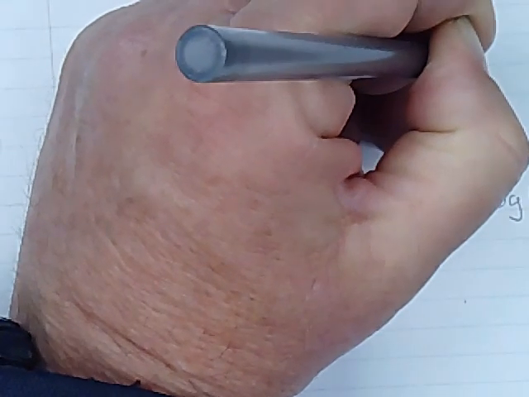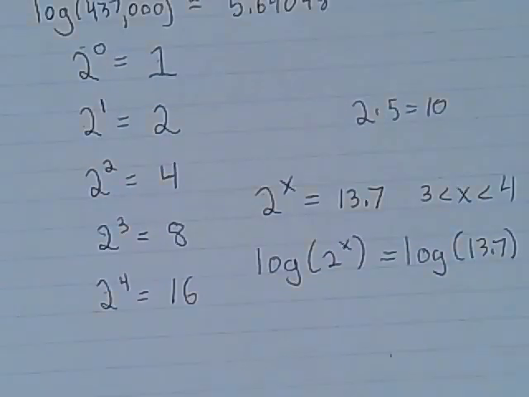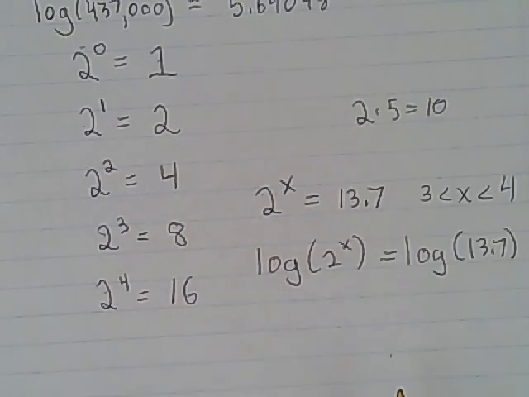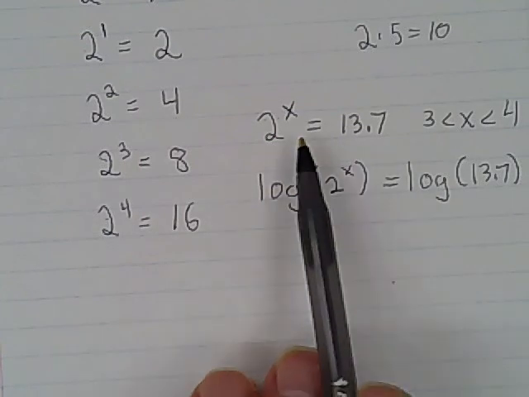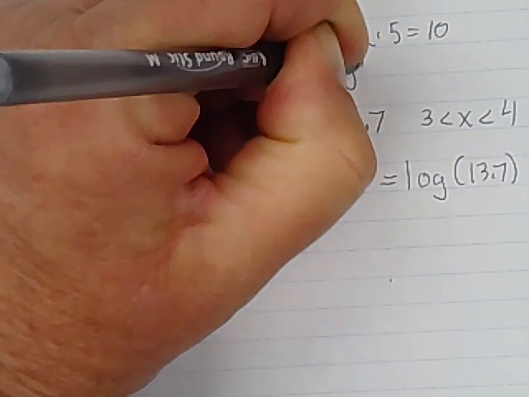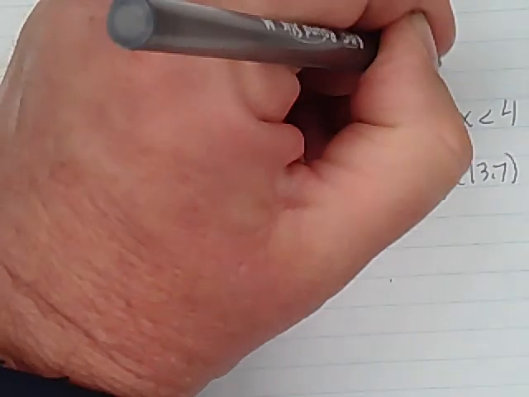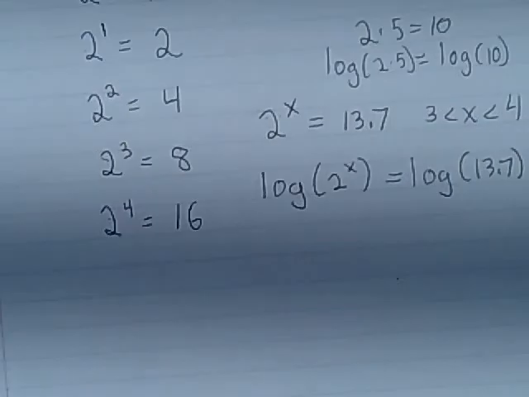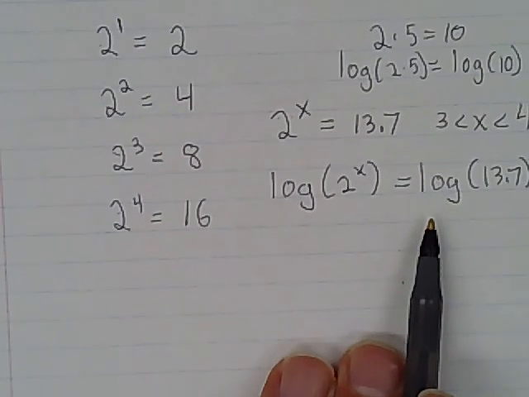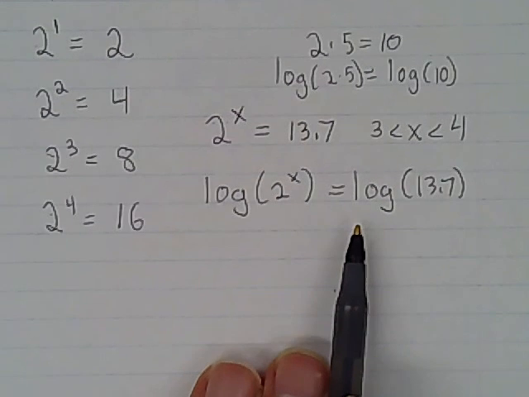So if I said, 2 times 5 equals 10, and then I said, okay, I'm going to multiply both sides by 3, this is still going to be true. If I say divide both sides by 10, this is still going to be true. And if I choose to take the log of 2 times 5 and say that's equal to the log of 10, that's still a true statement as well. So taking the log of both sides doesn't make it untrue. It's still a true statement.